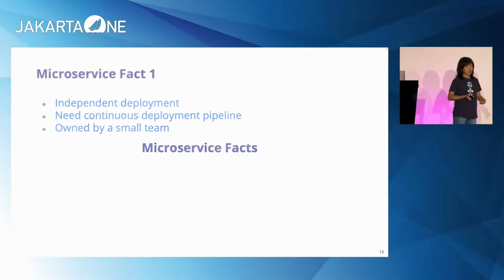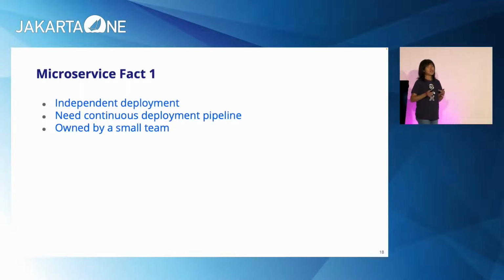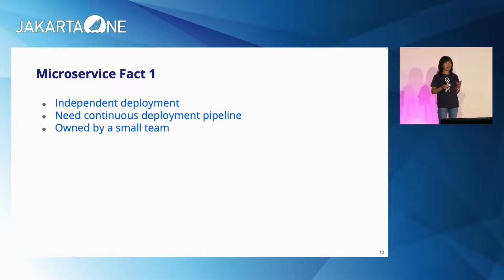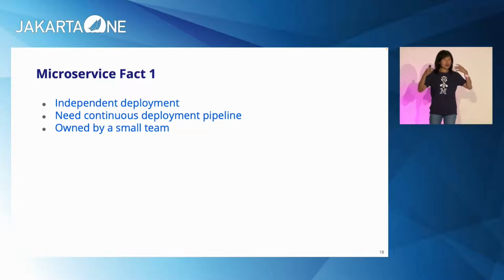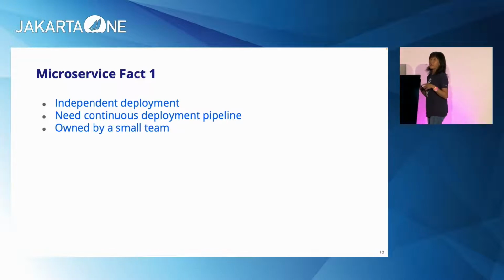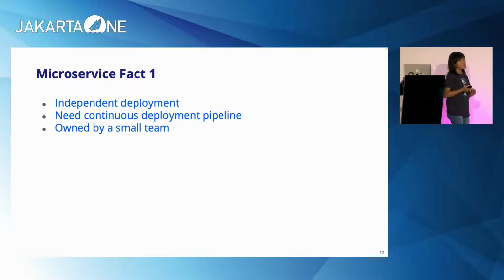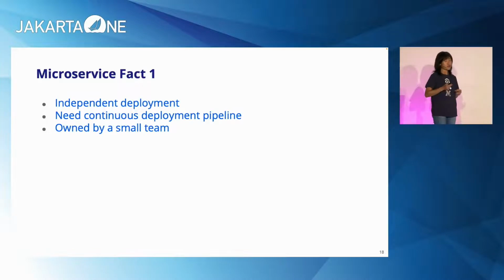So what are the microservice facts? Microservices are about independent deployment. If you cannot remember everything I said, remember just one thing: microservices are not about size, they're about independent deployment. You need CI/CD to enable the independence, so basically you need continuous integration and continuous deployment.